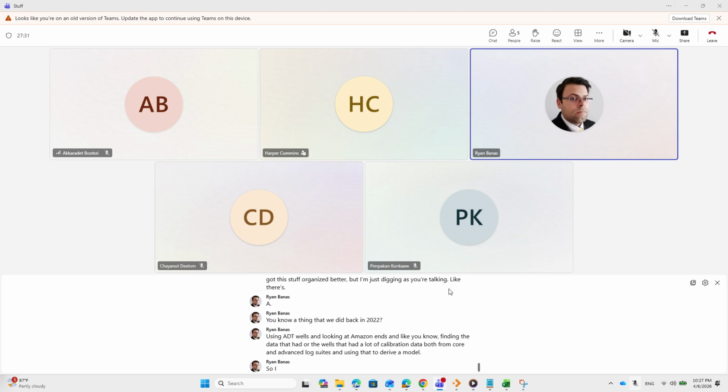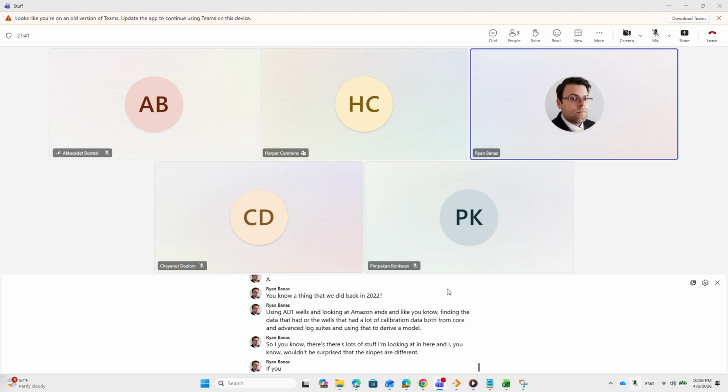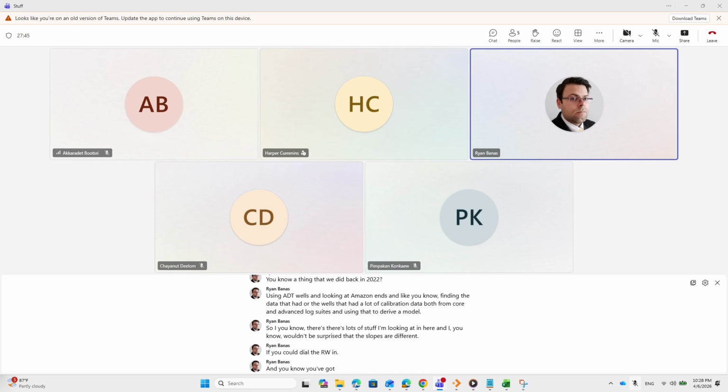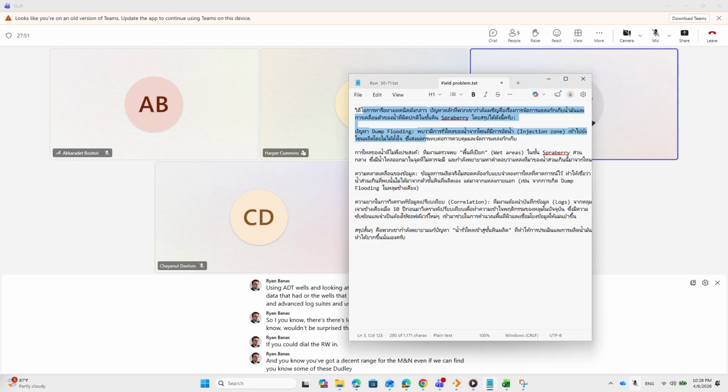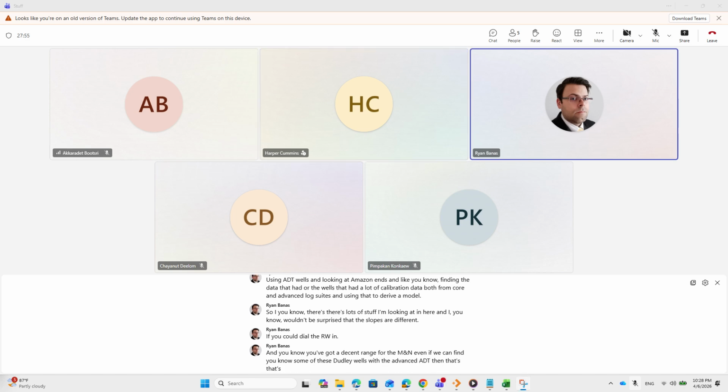There's lots of stuff I'm looking at in here, and I wouldn't be surprised that the slopes are different. If you could dial the RW in, and you've got a decent range for the M and N, even if we can find some of these Dudley wells with the advanced ADT, then that's a huge case for you to say, yeah, these things are 1.8 or 1.5 or something.